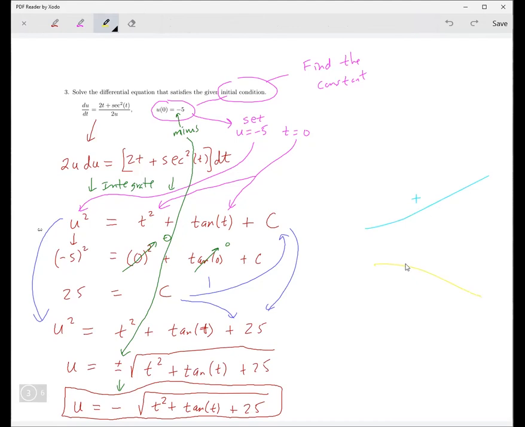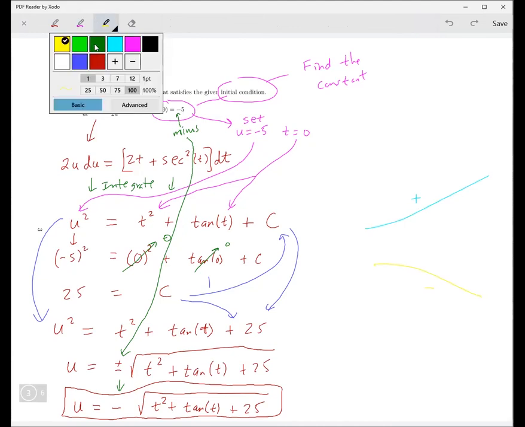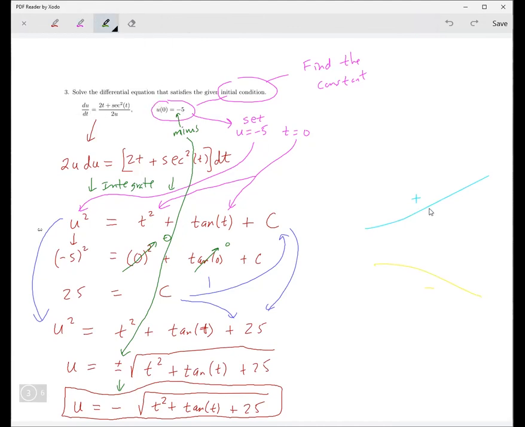But you put this condition right here. This is a point that's on the minus curve. The initial condition says your curve has to go through that point right there.